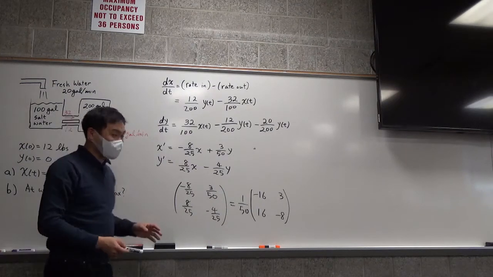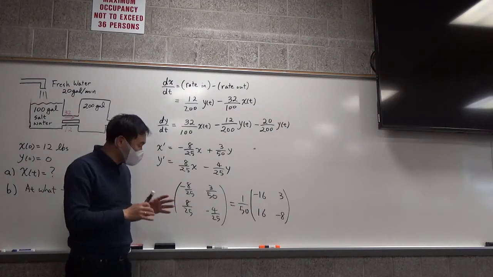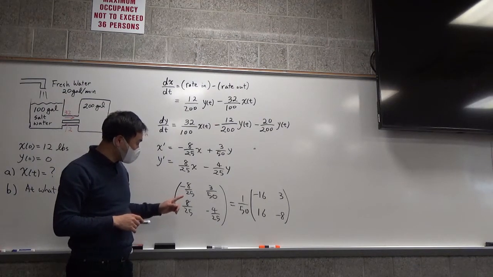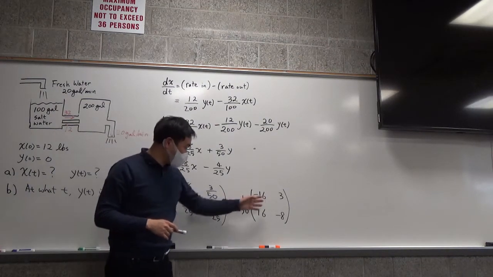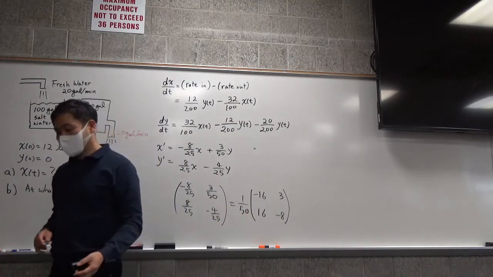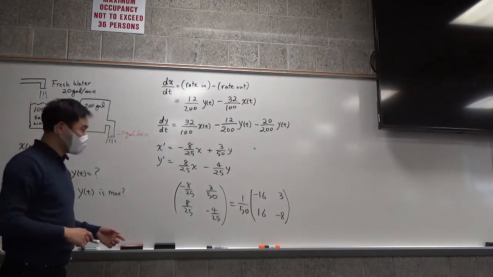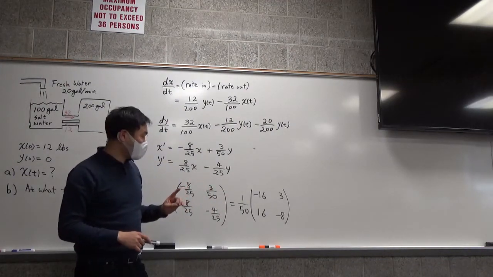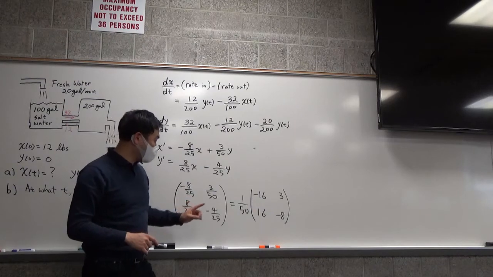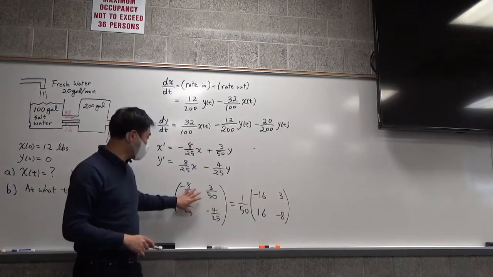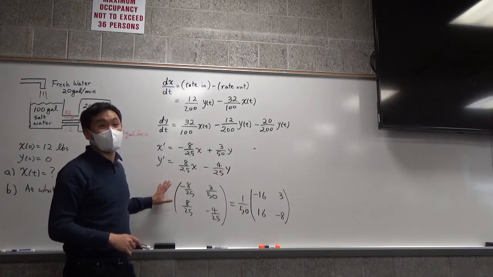I'll just say that if two matrices are constant multiples of each other, then they would have same eigenvectors, and their eigenvalues will be, if this has some eigenvalue, say 10, then this will have the eigenvalue of 10 over 50.